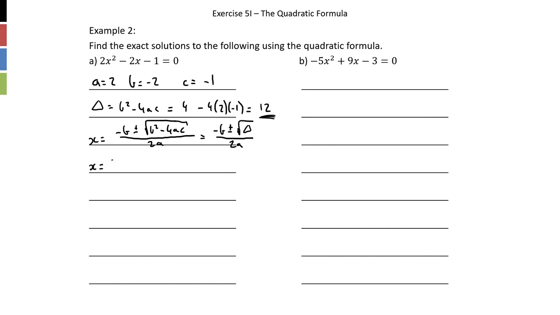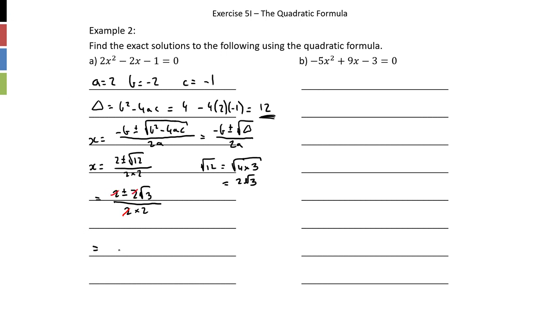So we get x equals, now negative b: b is negative 2, take the negative of that, that gives me 2, plus or minus the square root of 12, all on 2a, which is 2 times 2. So x is equal to 2 plus or minus the square root of 12, which is the same as the square root of 4 times 3. That's 2 root 3, all on 2 by 2, because I can cancel 2 off.